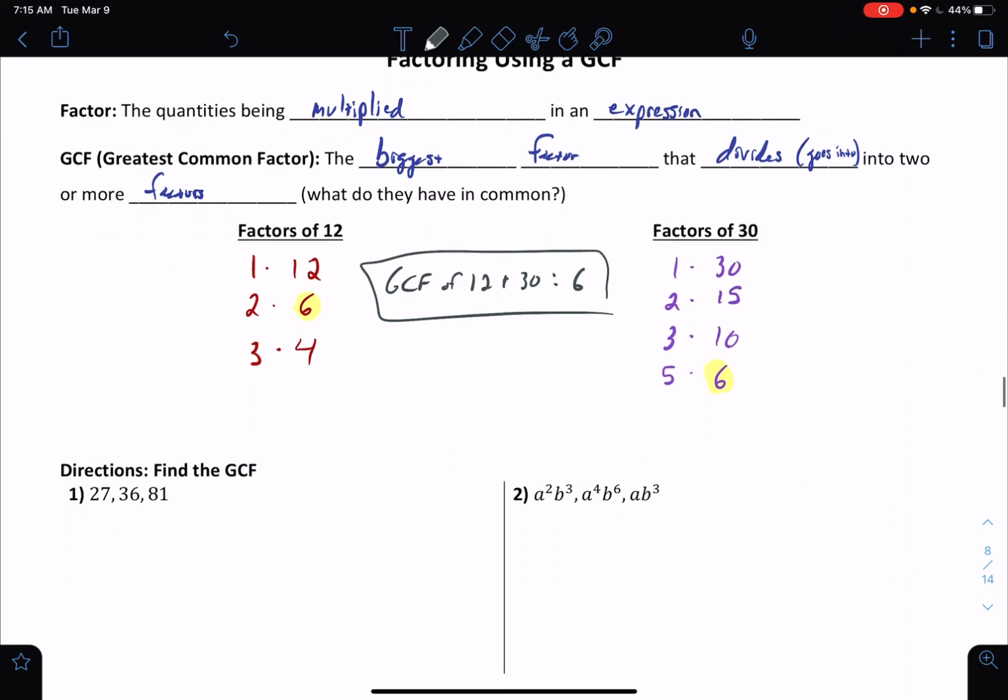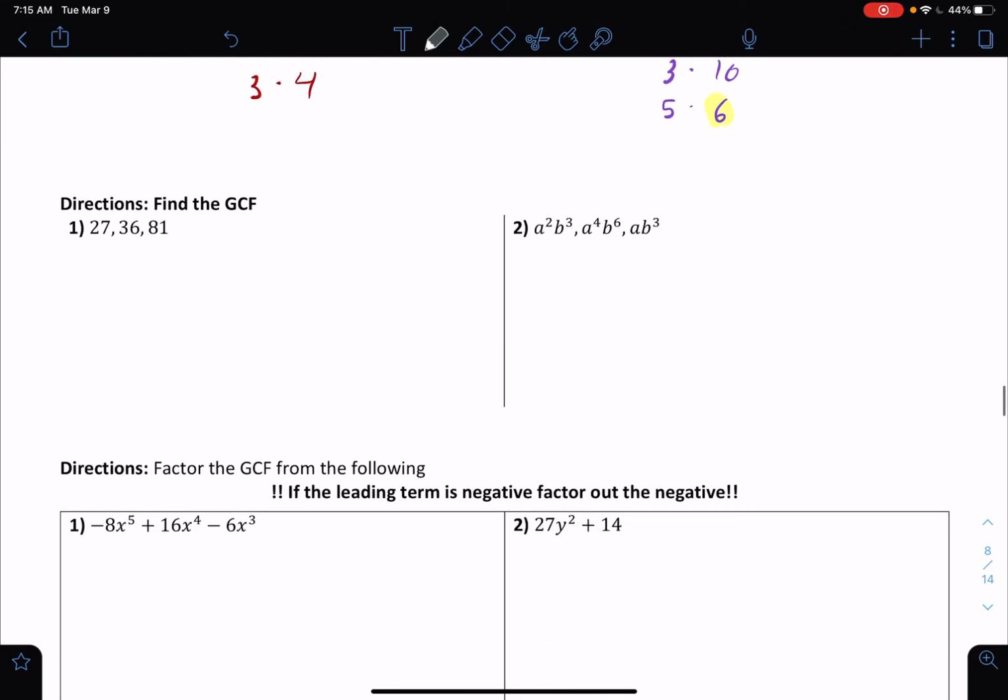All right, so find the greatest common factor of the following: 27, 36, and 81. Okay, so we can just list the factors of 27 here. So we get 1 times 27 and 3 times 9, all right? That's it for 27. Now we look to see which of those numbers goes into both 36 and 81. Well, 1 goes into all of those, 3 goes into all of those, 9 goes into all of those.